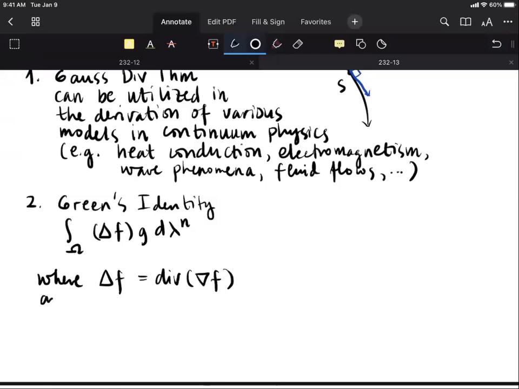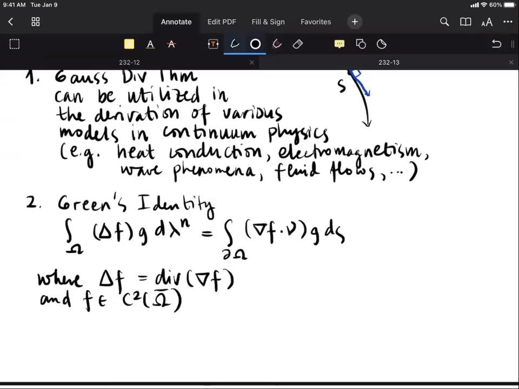and f is continuously twice differentiable on omega bar, the closure of omega. This is the same as the boundary integral of the normal component of the gradient, so your derivative in the direction of the unit normal.